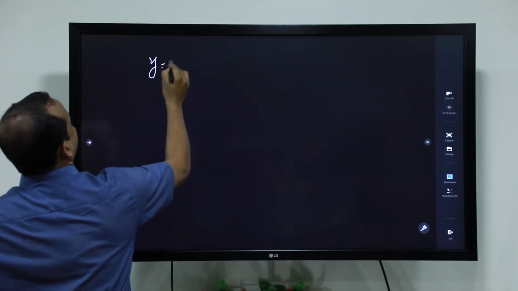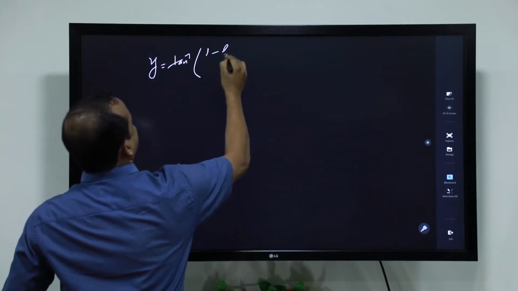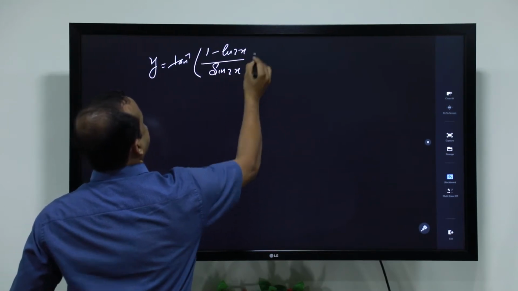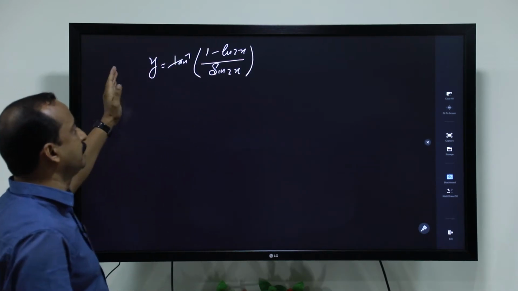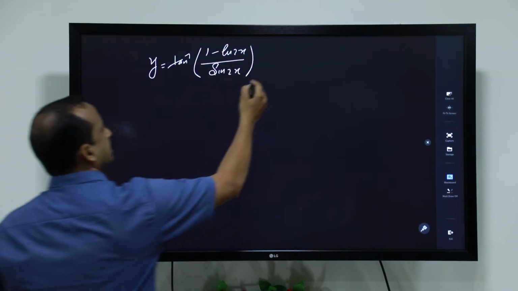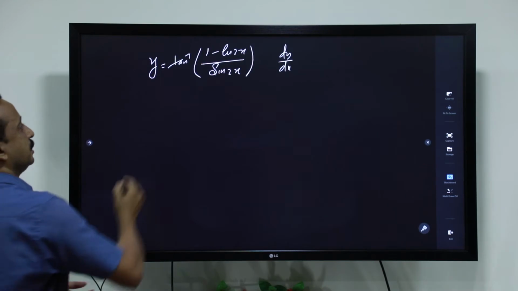Now discuss our second question. Simplify y is equal to tan inverse of 1 minus cos 2x divided by sin 2x. Then find its derivative dy by dx.